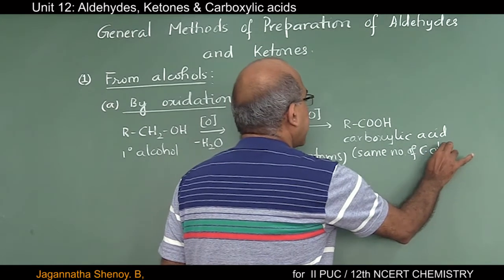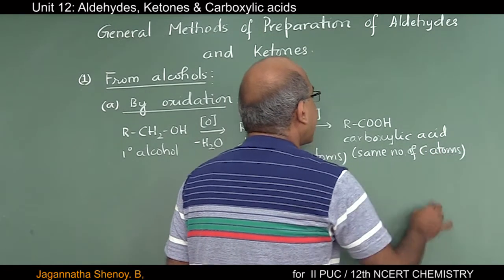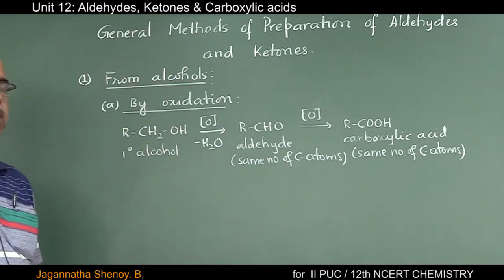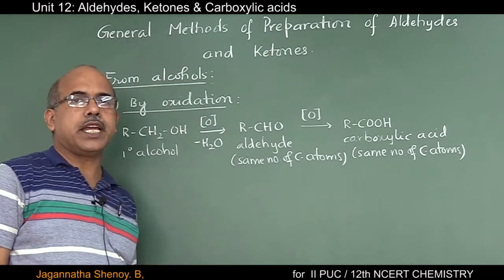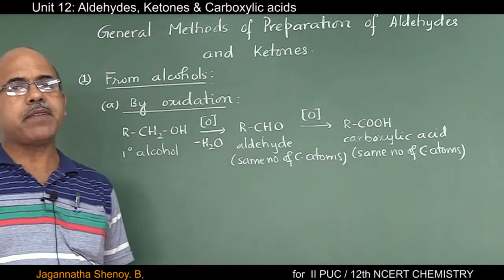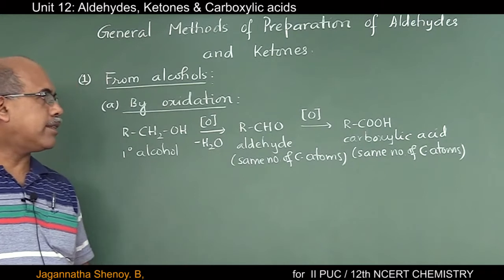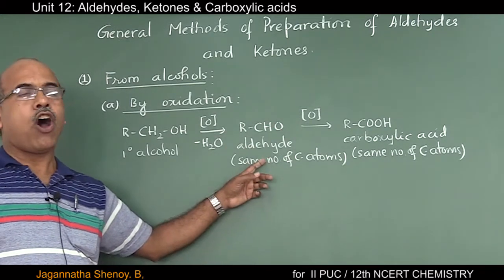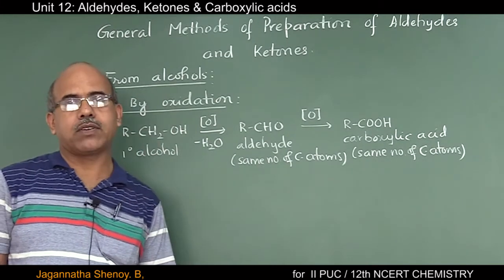This aspect you have studied under the alcohol phenol chapter. So, if any substance undergoes oxidation to give you a carboxylic acid containing the same number of carbon atoms, then the starting substance can either be an aldehyde or a primary alcohol.